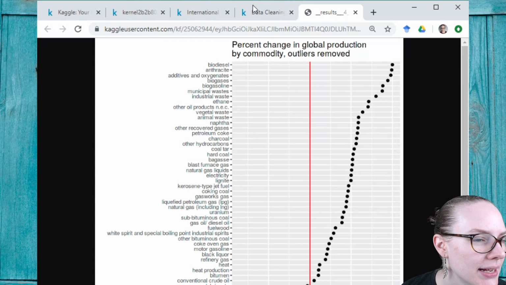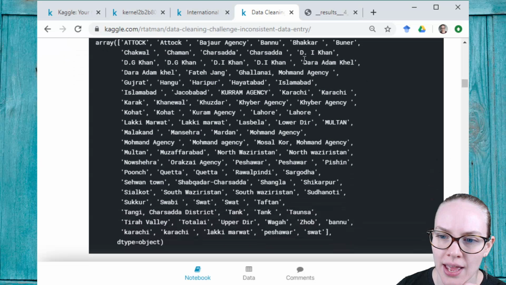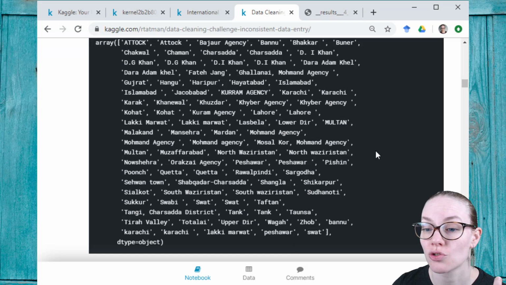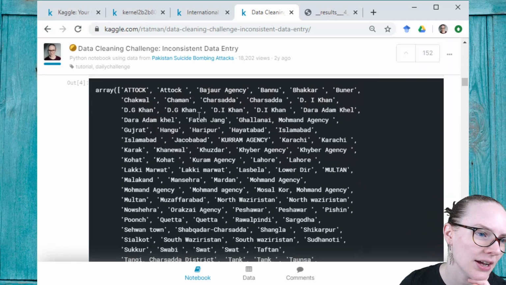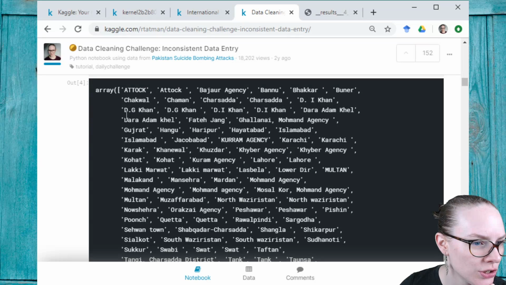All right. So the general idea is you have a string of text like this. Here we have things like dicon, dgcon, dgcon, dicon, dicon, and these have different spacing in them. So these should probably all be one category. These two should also probably be one category.